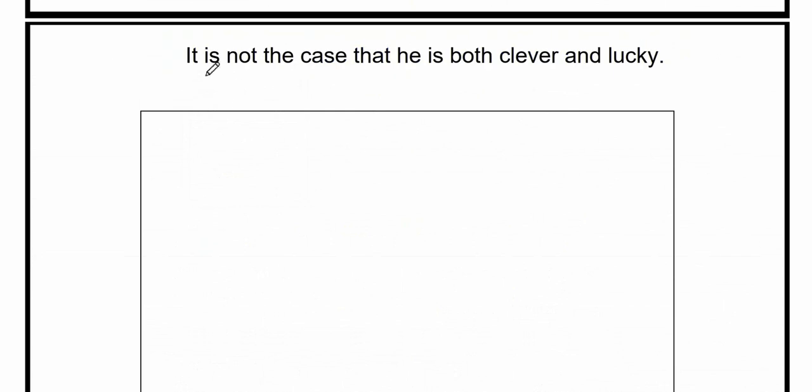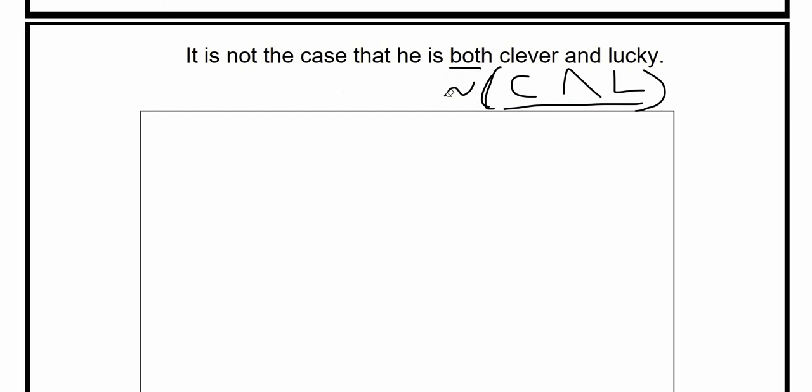Now, "not" is a negation symbol, and he is both clever and lucky. If it was just "he is both clever and lucky," then this would suffice. But when he says "it is not the case," it means he is not both clever and lucky.